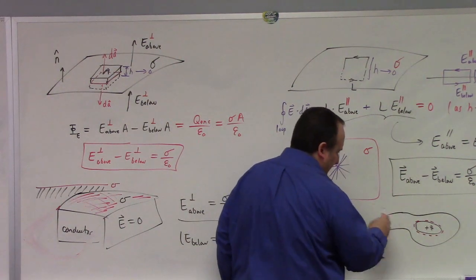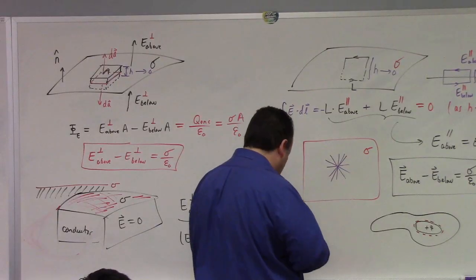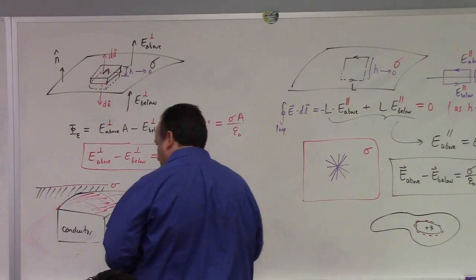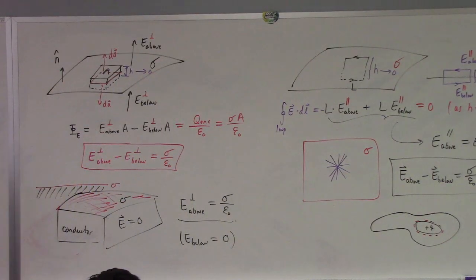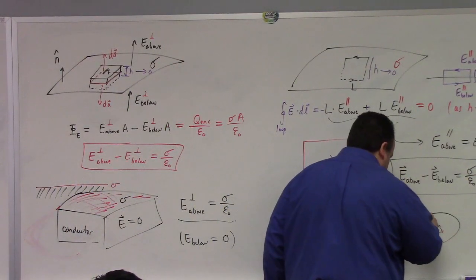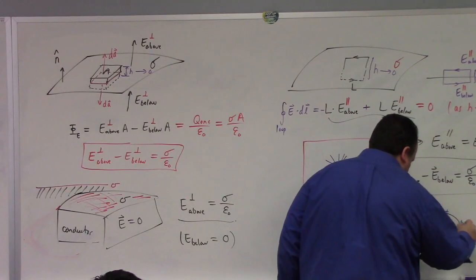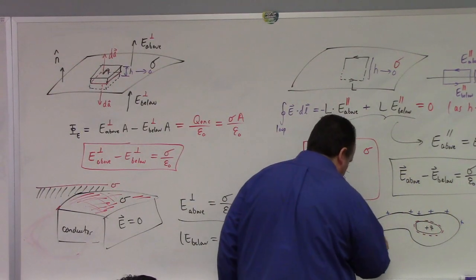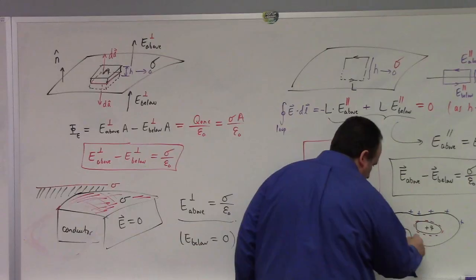But then if the net of the conductor is neutral, if the sum of the charge on the conductor is 0, then you have positive charge induced out here. And how much positive charge? Q. Why is that?